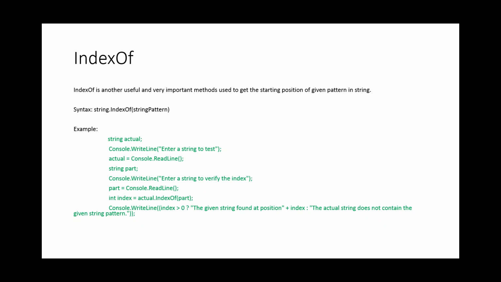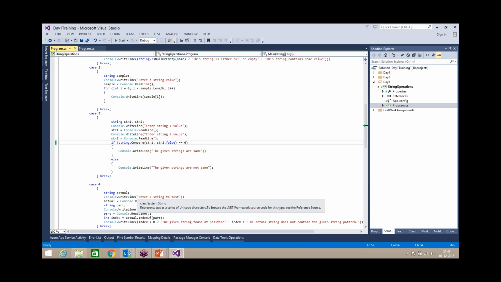In my program here, string actual is whichever I enter, and then string part. I will check where this part is placed in the actual string. Actual dot index of part returns where the pattern starts. We'll see with this example.